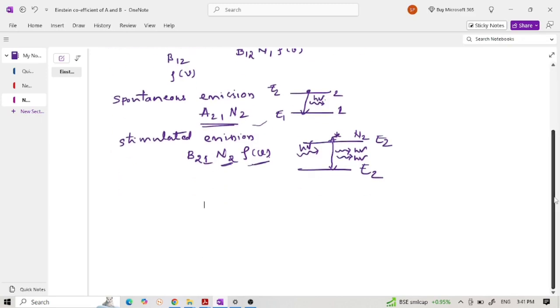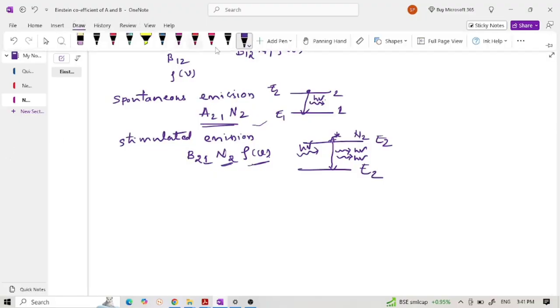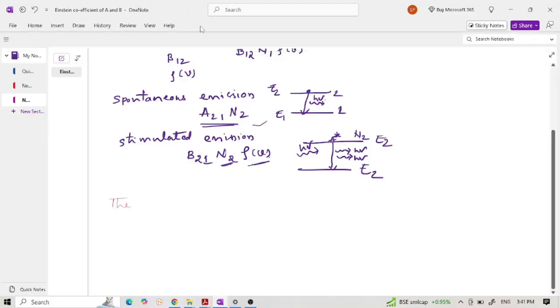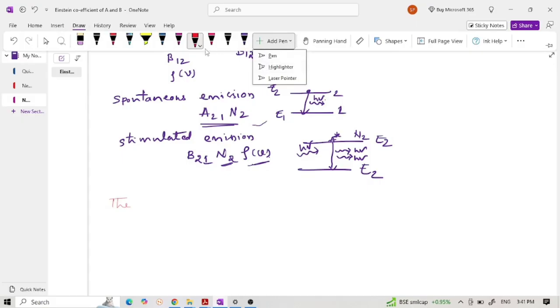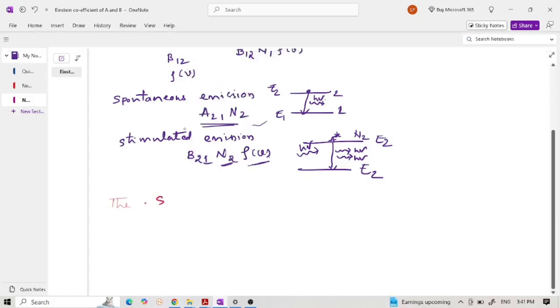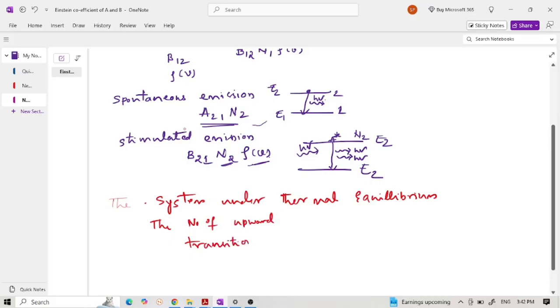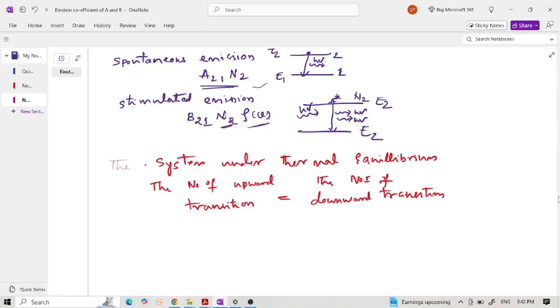For a system under thermal equilibrium, the number of upward transitions is equal to the number of downward transitions.